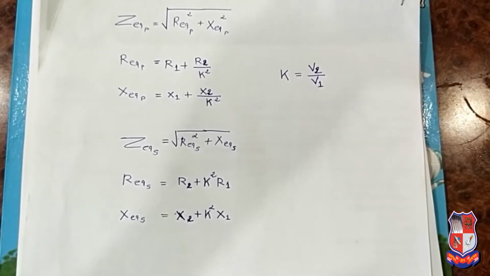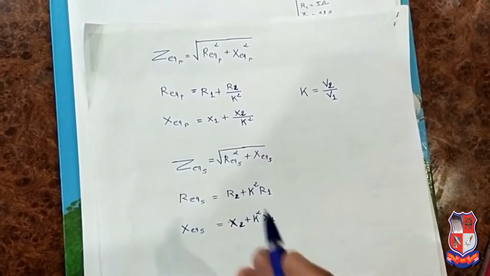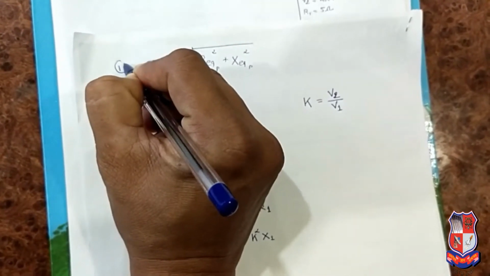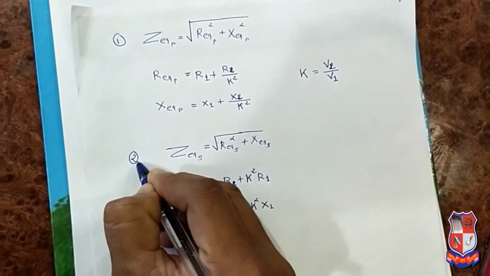Now let's start to solve the example. Here this is the first part of our example and this one is the second part of our example.